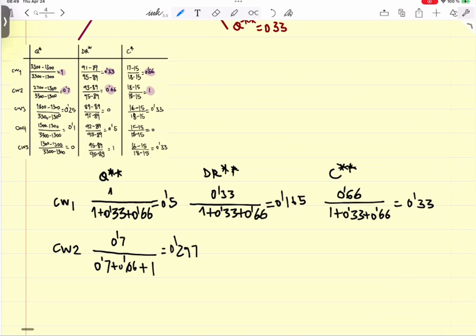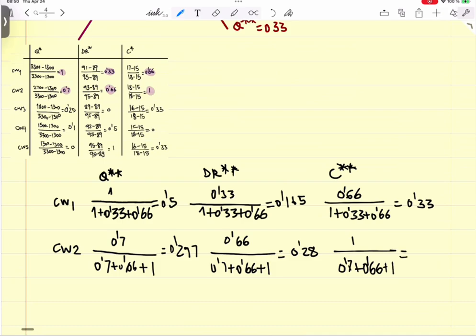Then I take the second, 0.66 divided by 1 plus, sorry, 0.7 plus 0.66 plus 1 equal to 28. And 1 divided by 0.7 plus 0.66 plus 1 equals 0.42. Okay?